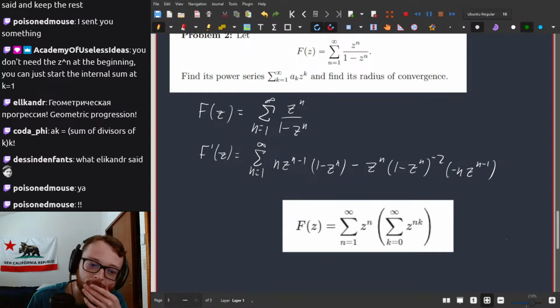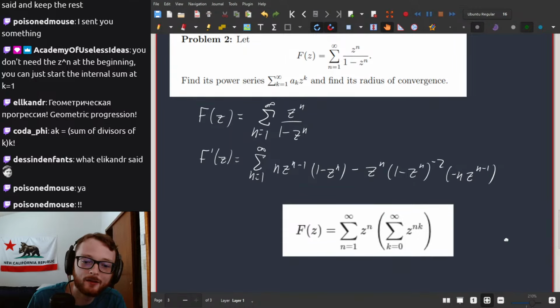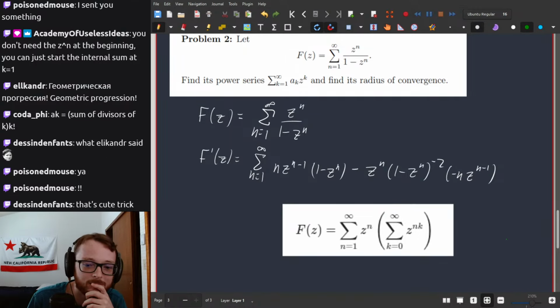Where can we go from here, though? This feels like we need a theorem now to deal with this double sum. Maybe not. I don't know. Do we just try looking at the actual terms of this now?